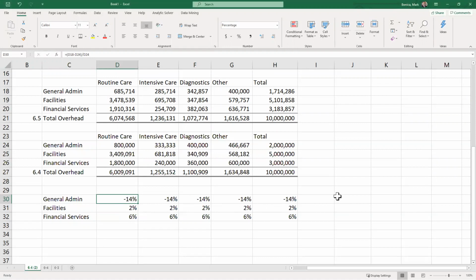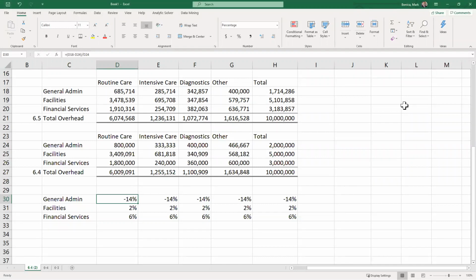These are the same percent changes all the way down. And so what this really shows is that general administration was allocated to the other departments. So that makes sense.